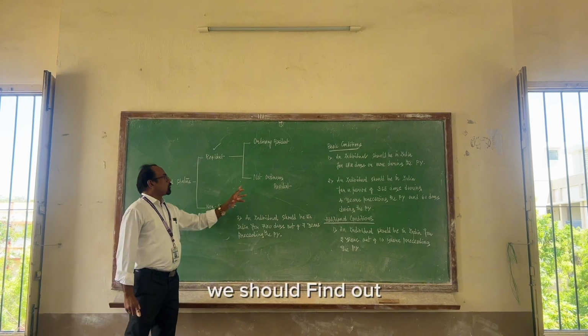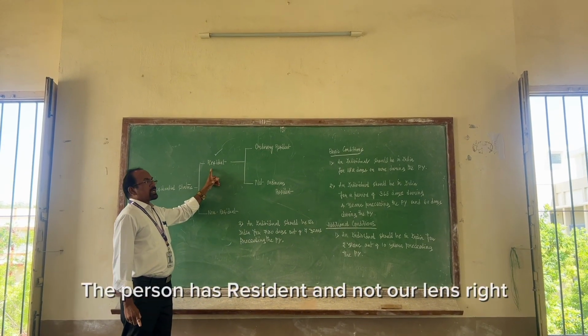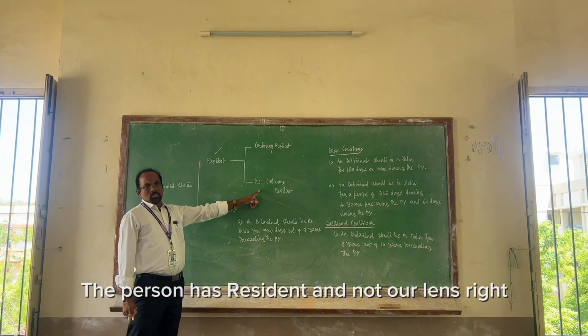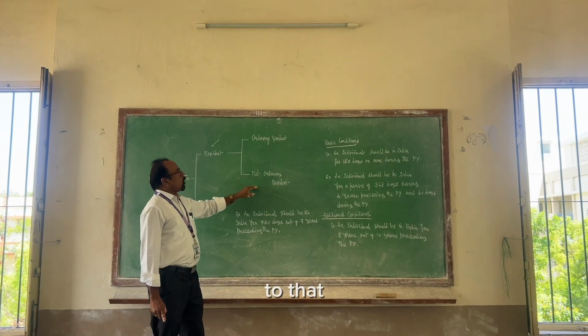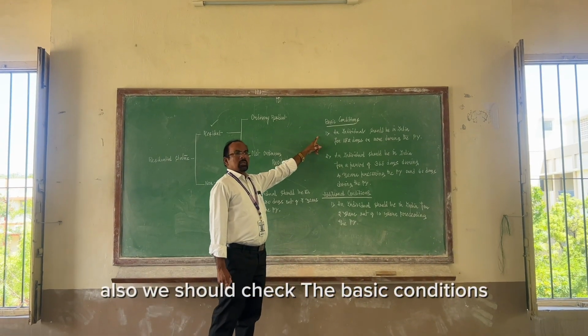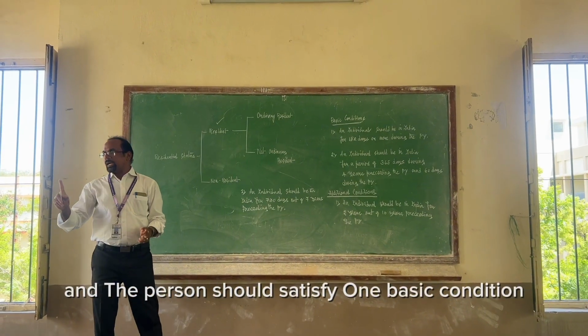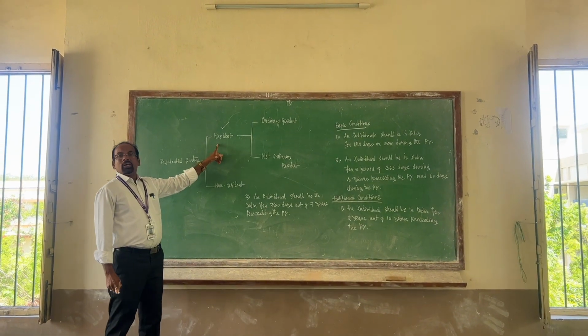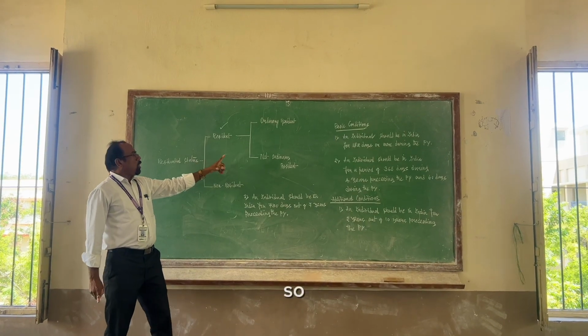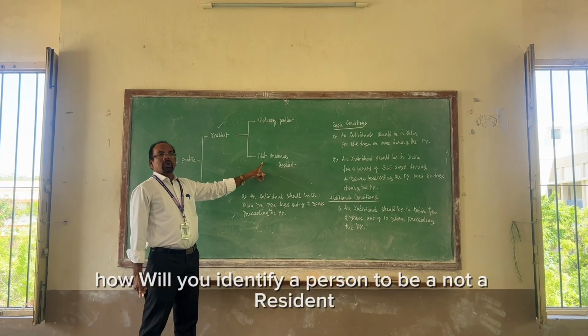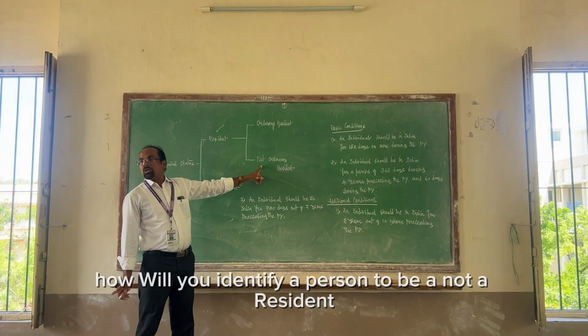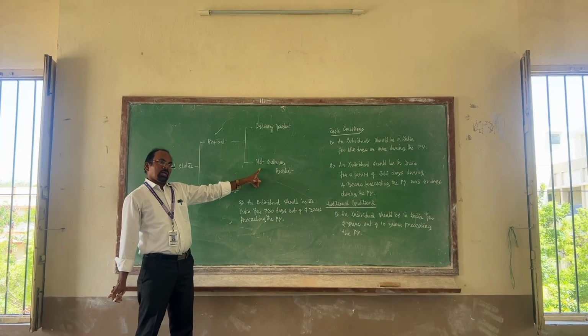Now, we should find out a person as resident and not ordinary resident. To that also, we should check the basic conditions and a person should satisfy one basic condition. As I already told you, he becomes a resident. Now, how will you identify a person to be a non-ordinary resident? That's the question. Understand?